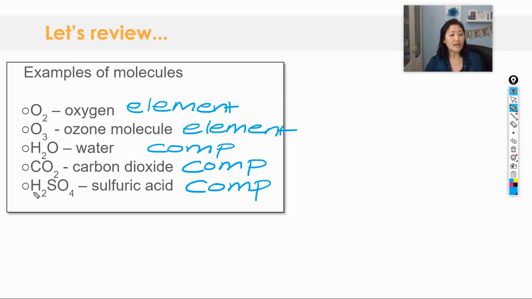In the case of H2SO4, it's made up of three different kinds of atoms. It's made up of H, it's made up of S, and it's made up of O. So three different atoms make the molecule.